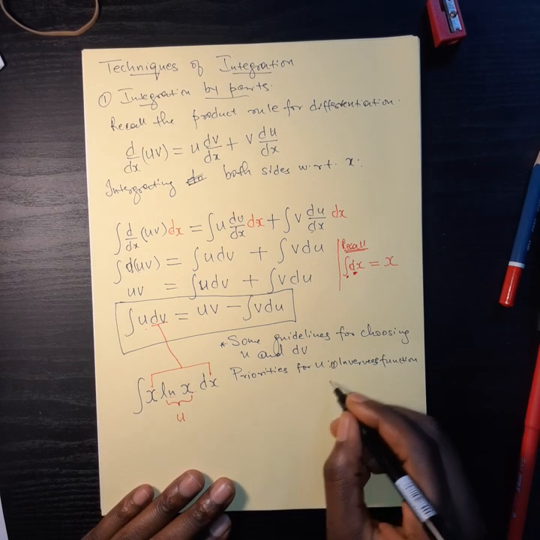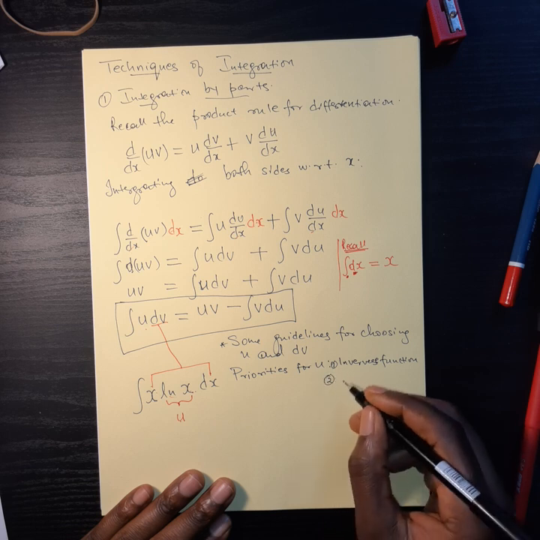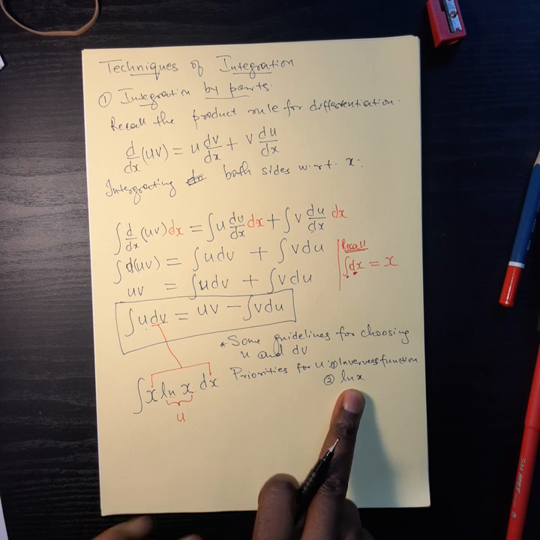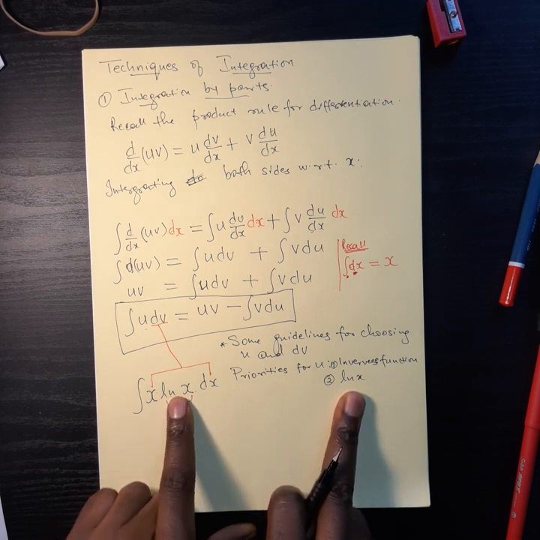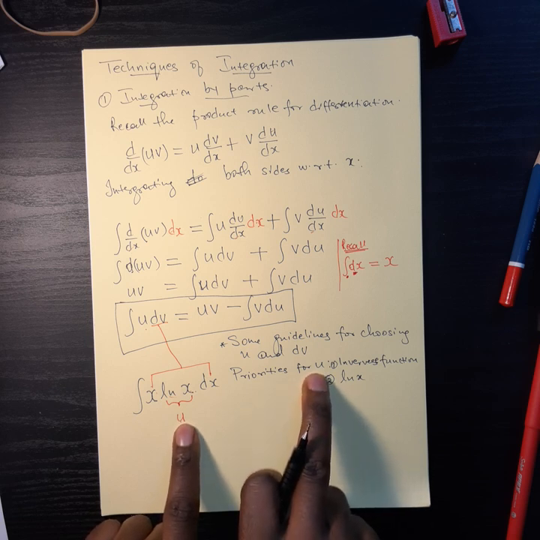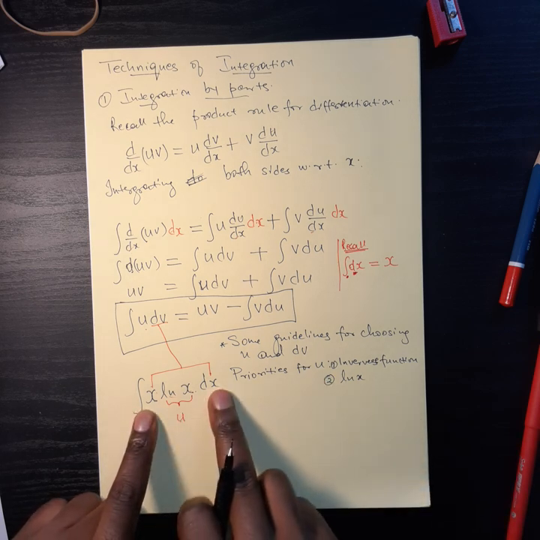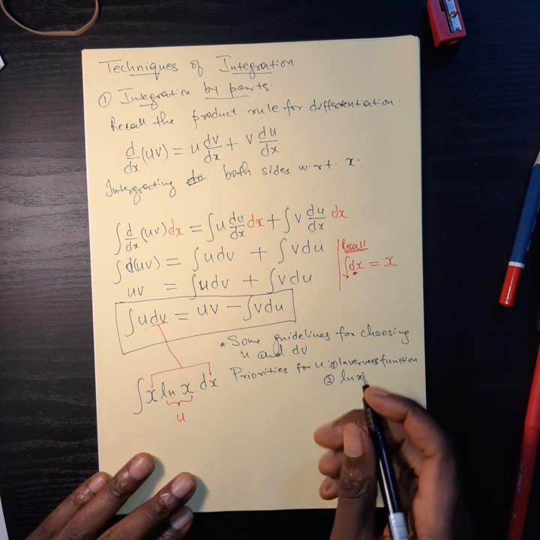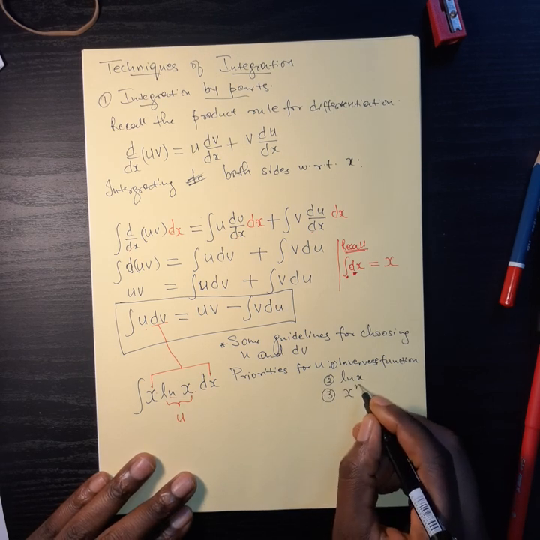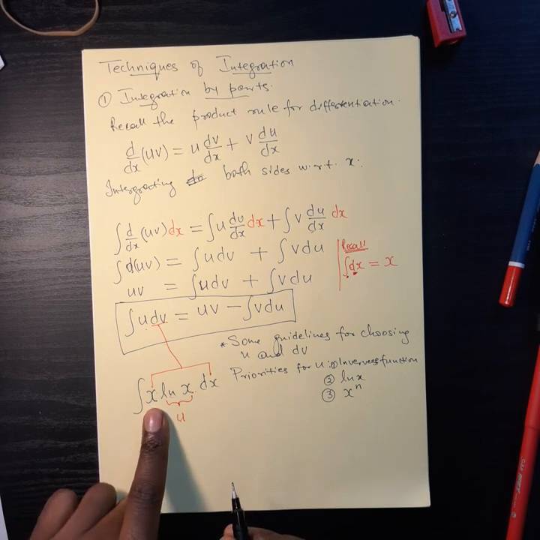So this is number one. Number two, if you happen to have ln x, then this will be your candidate for u. As we have done here, we have ln x, therefore this ln x must be our u. It cannot be x dx. And then number three, if you happen to have x to the power of n, this is x to the power of 1.